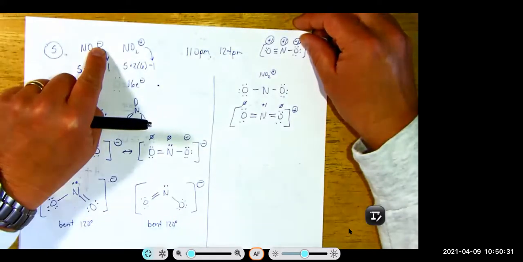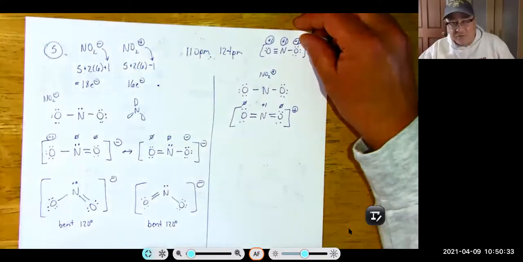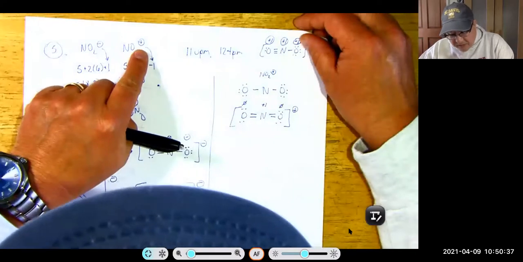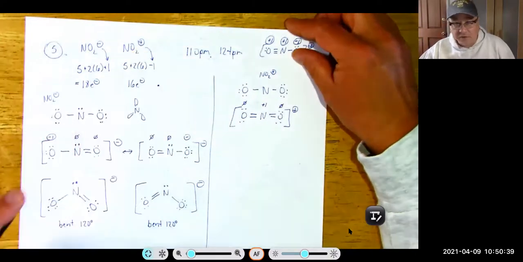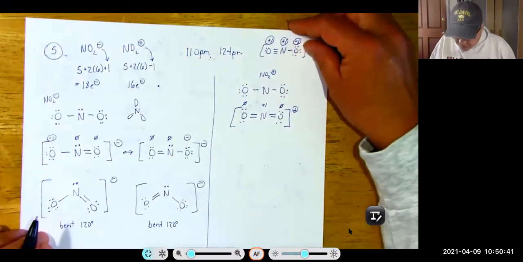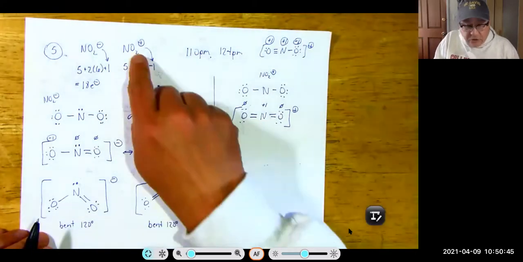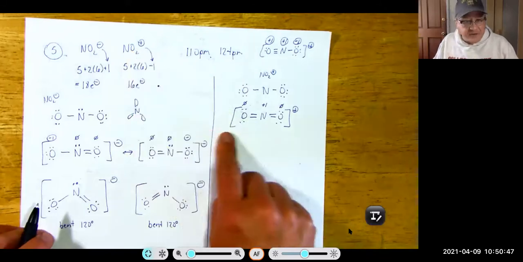So that means you're going to have at least a -1 somewhere. And here, when you have a +1, you're going to have a +1 formal charge somewhere, which we do. It's only when you have no charge that you might possibly have all zeros.